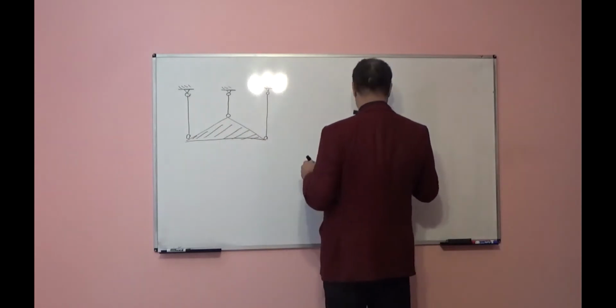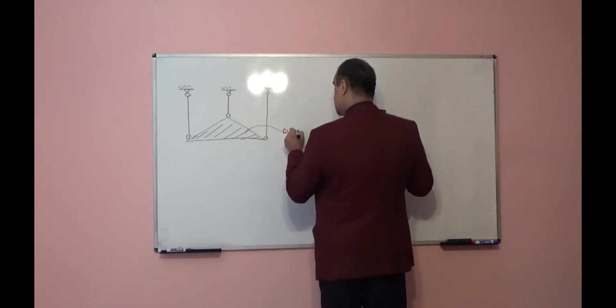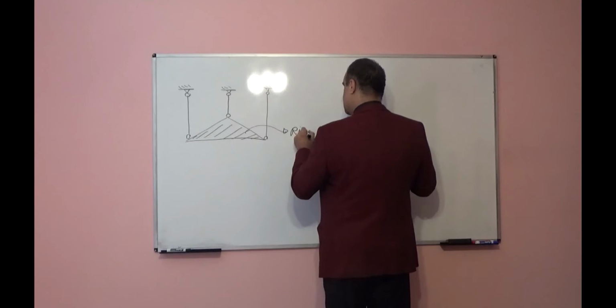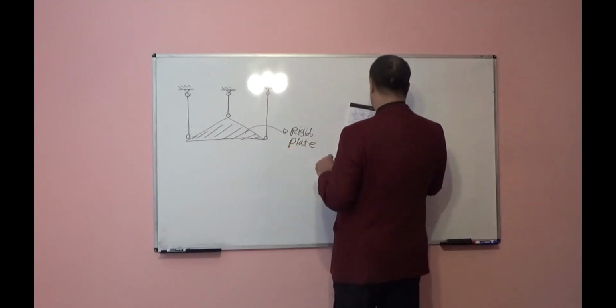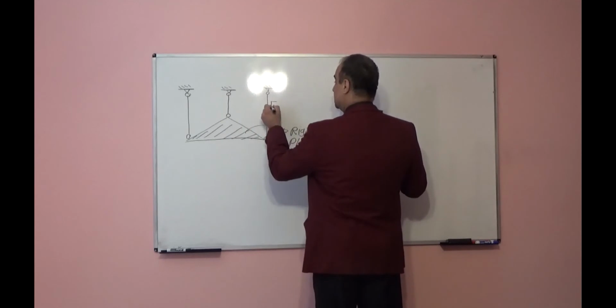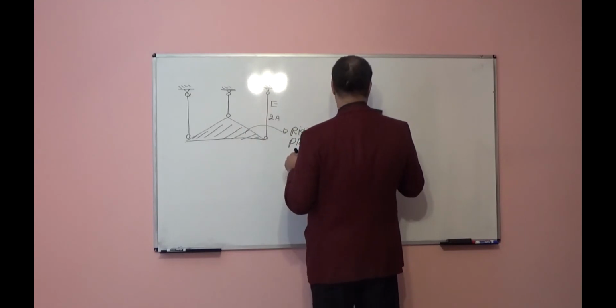This plate is rigid, so let's write rigid plate. And here, the young modulus is E, cross-sectional area is 2A.